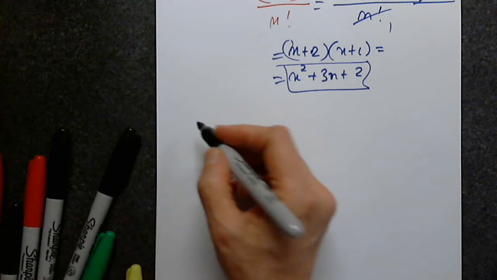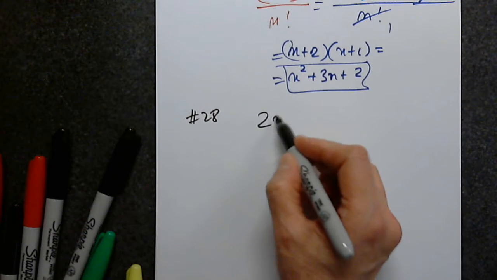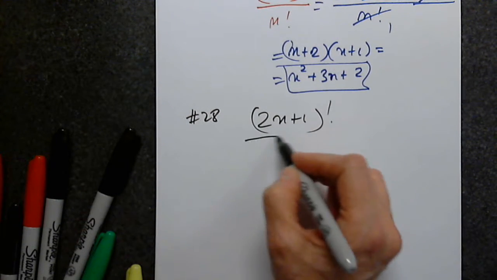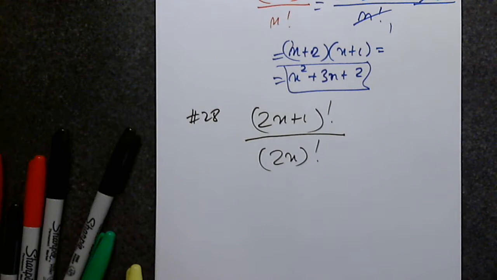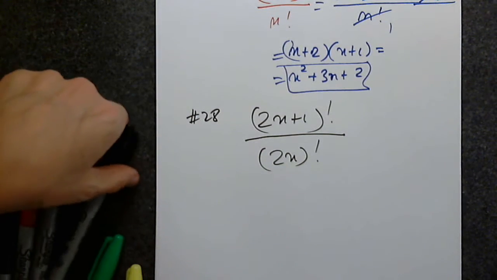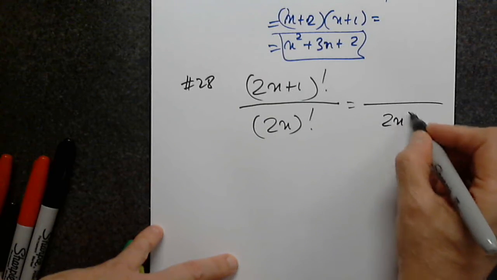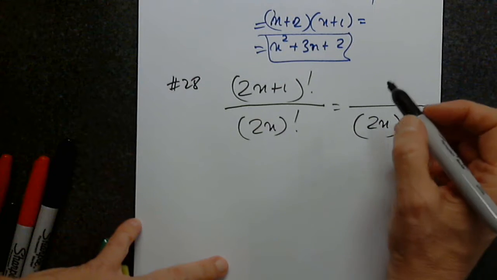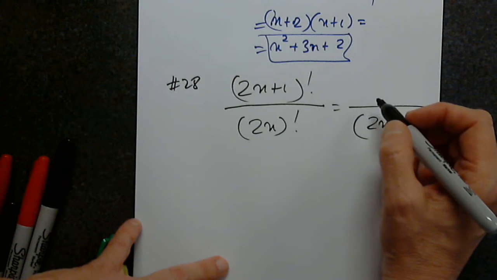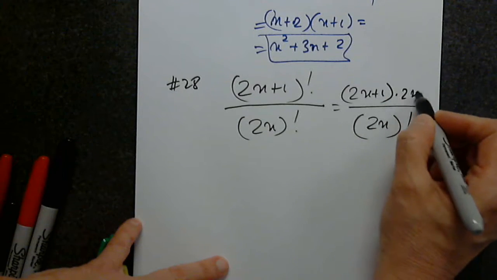Let's also look at 28. And that is 2n plus 1 factorial over 2n in parentheses factorial. Which of these two is larger? Perfect. So leave the denominator alone and tell me how to write the numerator. That's it.